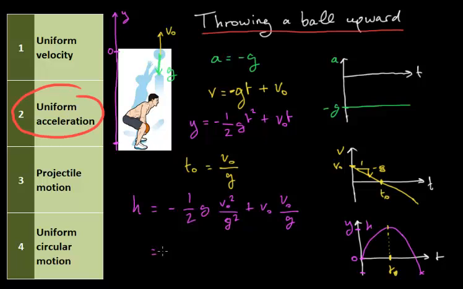Here I have 1 g simplifying, so I have minus 1/2 of v0 squared over g plus v0 squared over g, which gives me a result of 1/2 of v0 squared over g.